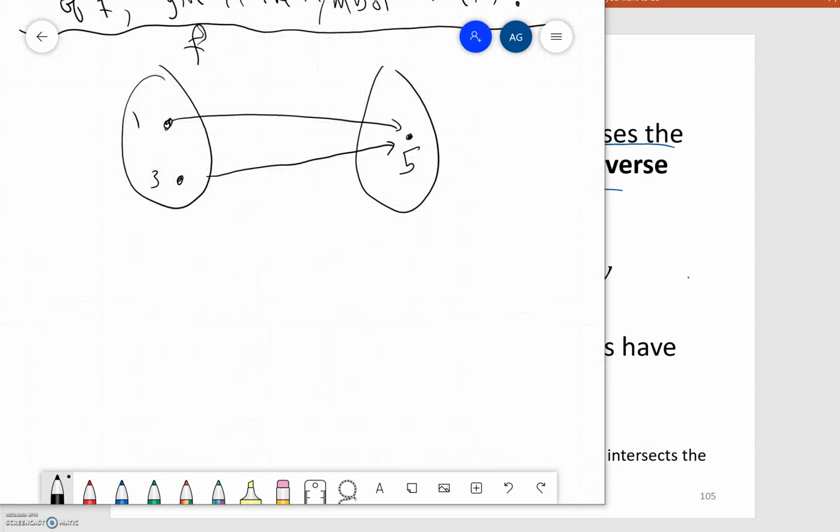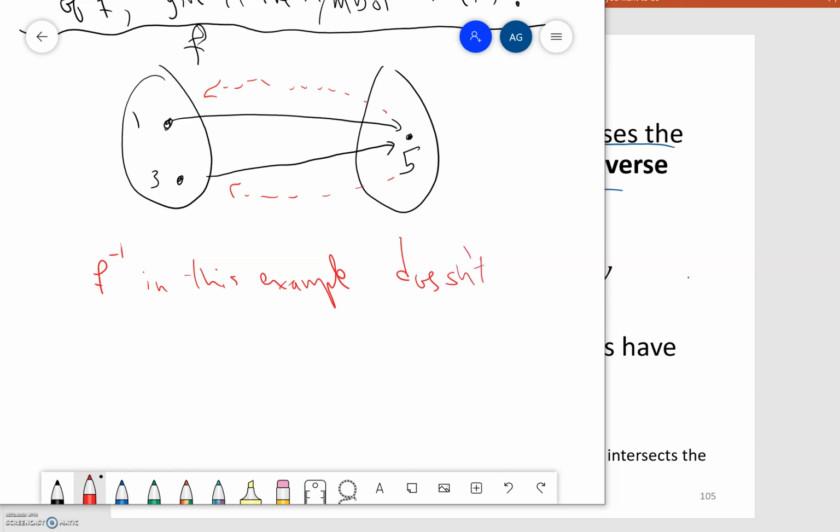But if I try to run this backwards, right? What are we going to do? So f inverse in this case doesn't exist unless we kind of finagle things a bit.